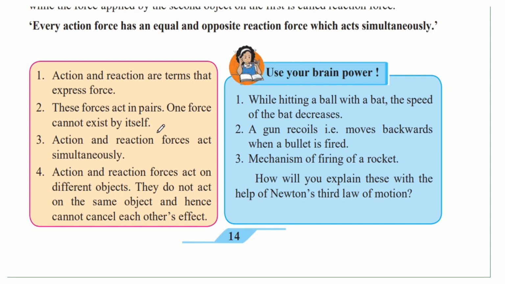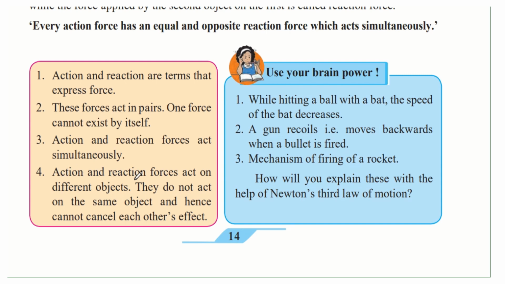So as we seen earlier in the example of the book and the table, the book cannot exert the force on the table without the table exerting force back at the book, and vice versa. Action and reaction forces act simultaneously, that is, they act together. As soon as one force acts, at the same time the second force also starts acting on the object.